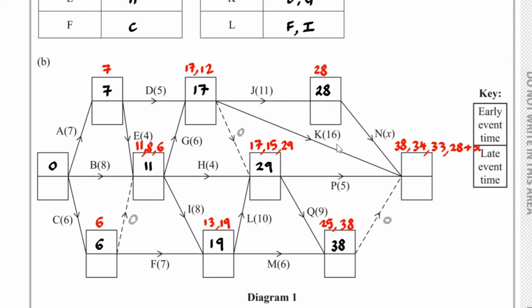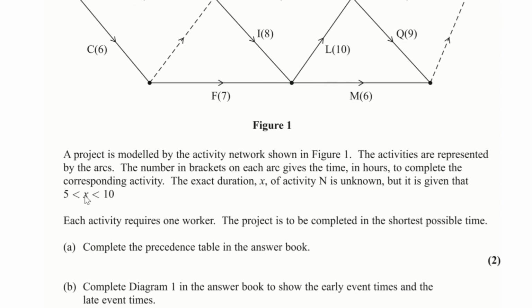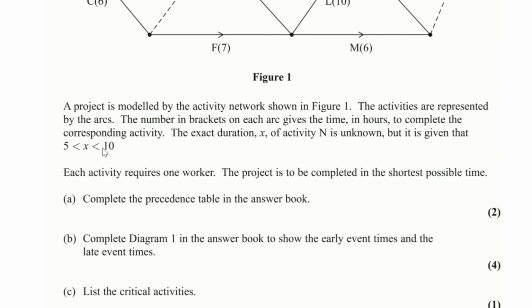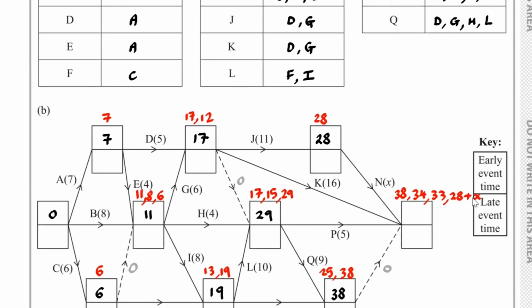Now we know that x is in between 5 and 10. It doesn't equal 10 and it doesn't equal 5. So the largest possible value of 28 plus x will be 28 plus 9, which is 37. So the largest one here is 38.